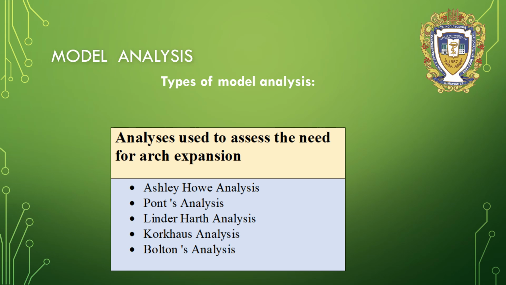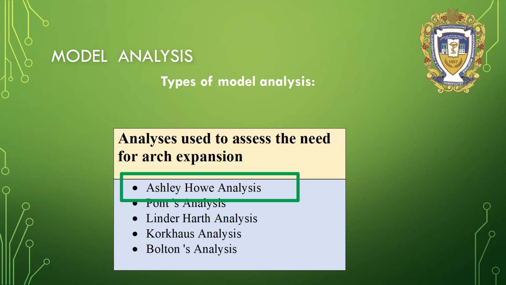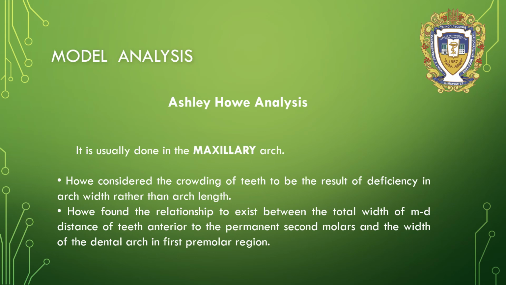But this group of analyses we need to perform to establish the widest part of the dental row. And the first analysis, the Ashley-Howe analysis. The Ashley-Howe analysis is usually done in the maxillary arch.